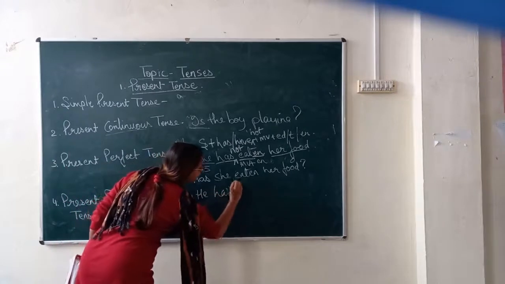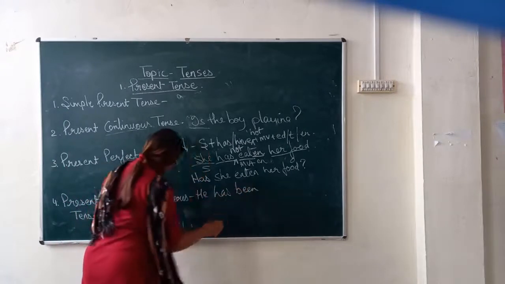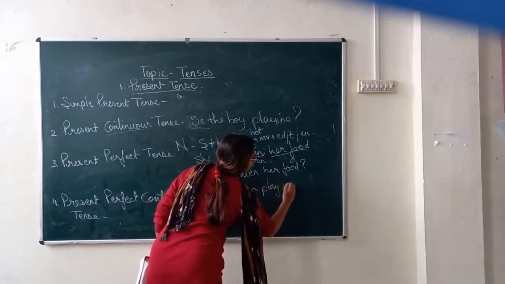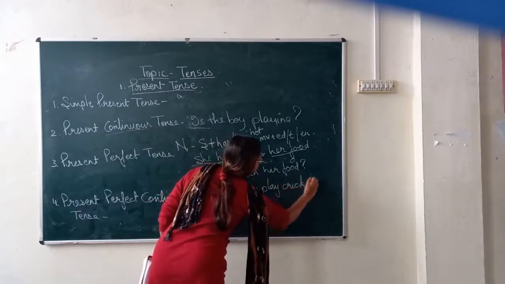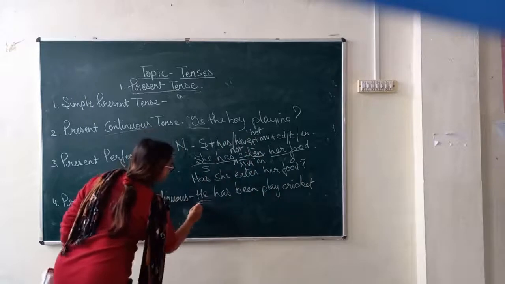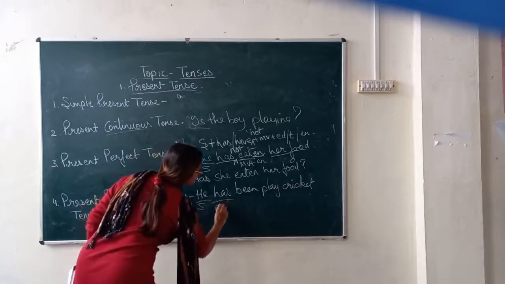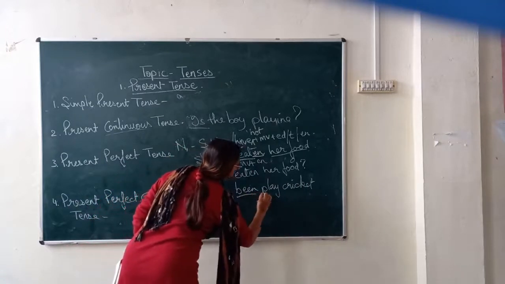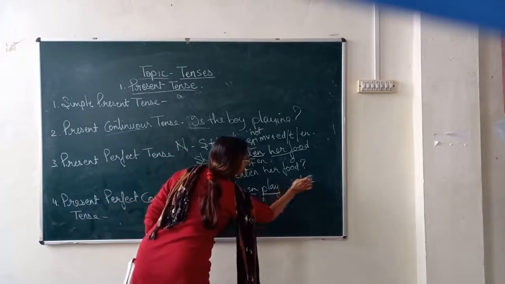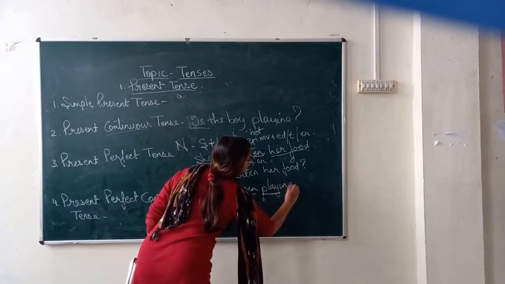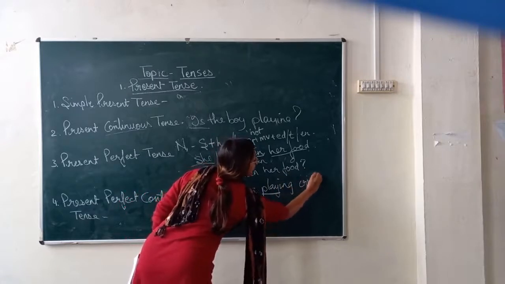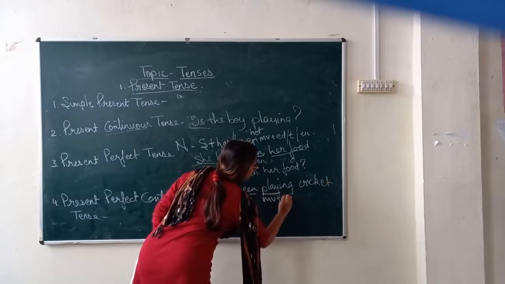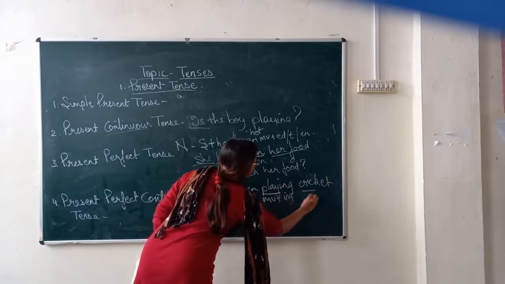For example, he has been playing cricket. Now here, this is the subject, this is the helping verb has, then been, and the main verb playing, main verb plus ing, plus object.